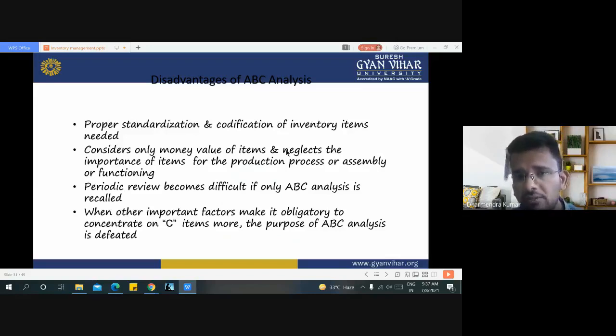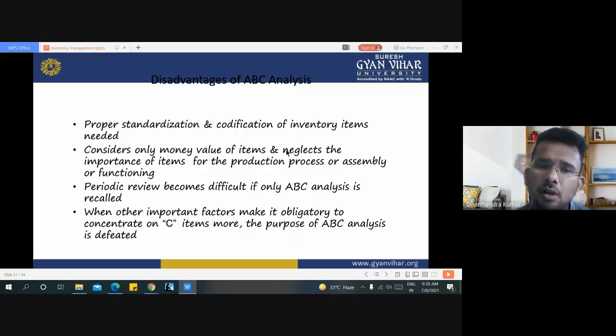It considers only the money value of items and neglects the importance of items for the production process or assembly or functioning, because we have seen that the ABC analysis consists of two most important factors. One is size, or number of components, and one is the overall pricing or the percentage of pricing which is consumed to purchase that type of particular product.